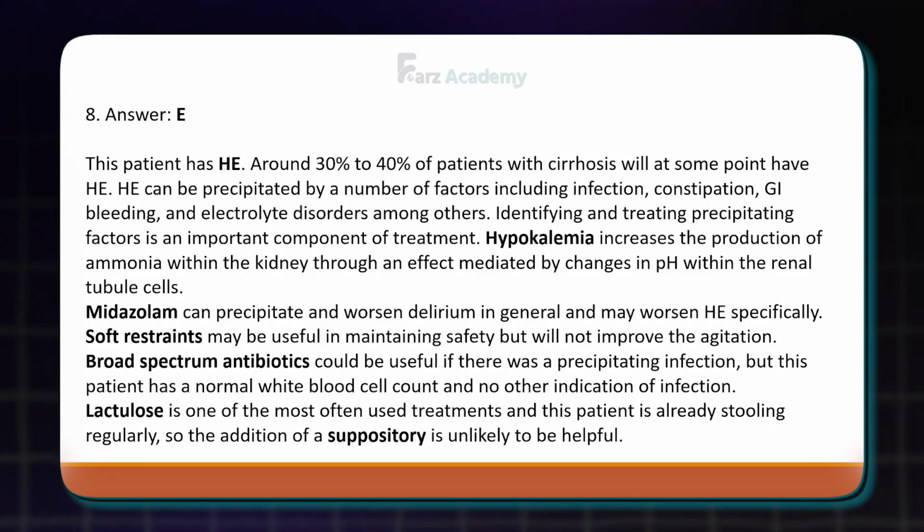Hypokalemia increases the production of ammonia within the kidney through an effect mediated by changes in the pH within the renal tubule cells. So hypokalemia is very detrimental in patients of hepatic encephalopathy. You need to treat it immediately. So the answer here was potassium replacement is to be given in this case of hepatic encephalopathy.